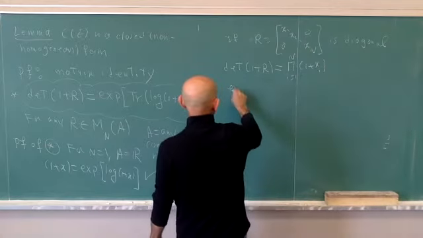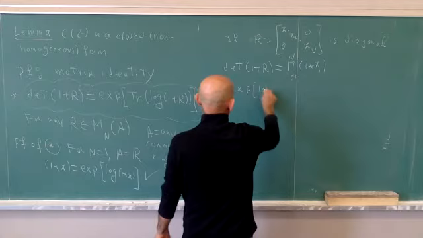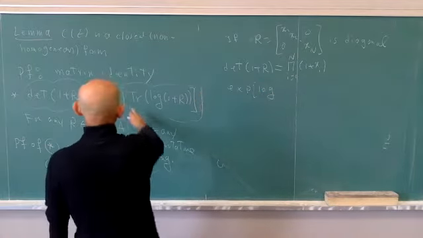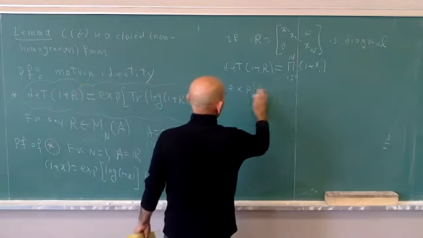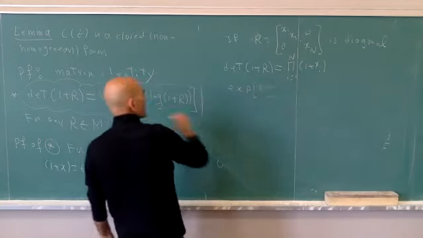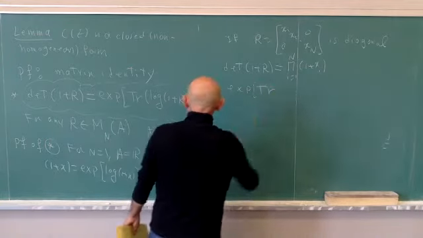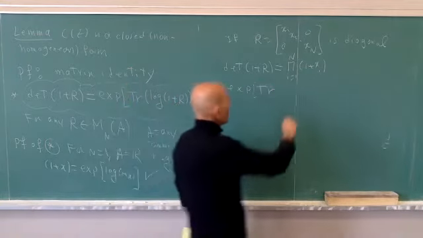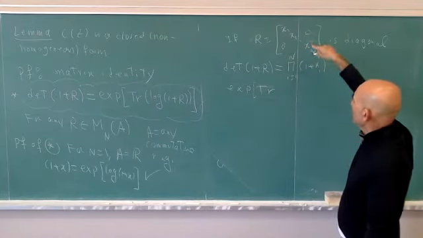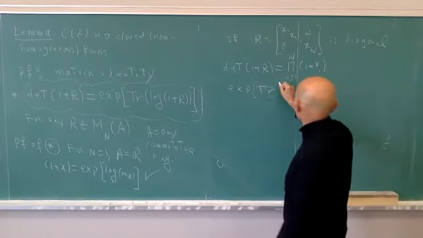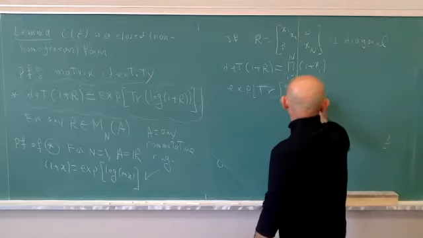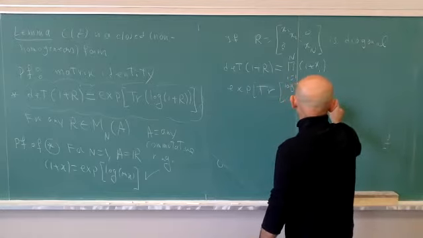Exponential of trace of log of 1 plus R. You see, 1 plus R is also diagonal, so log of the diagonal is going to be a diagonal matrix, with entries log of 1 plus x1, up to log of 1 plus xn.